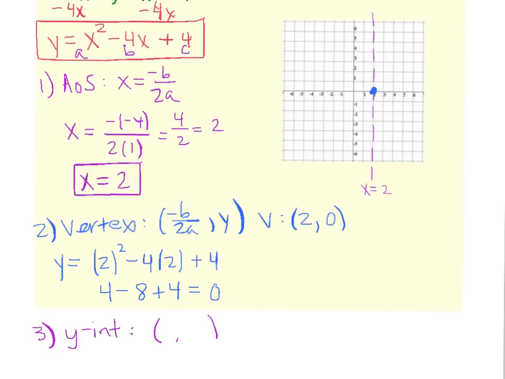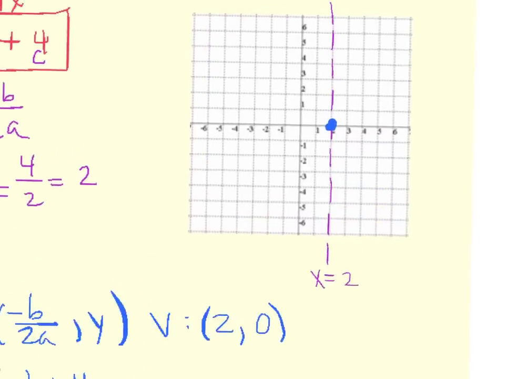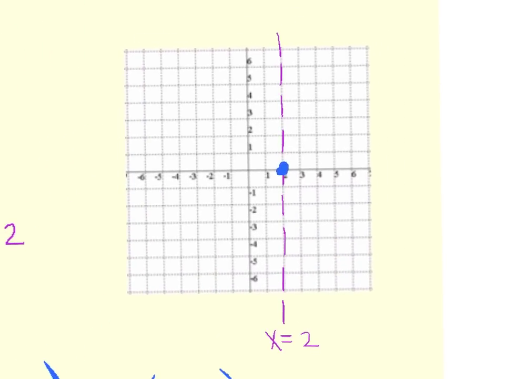Remember, it is an ordered pair, 0, comma, and then that c value, which is 4. Mathematically it's found by plugging in a 0 for the x, but with parabolas you will end up with that c value every single time. So we can go ahead and plot 0, 4 on our graph. 0, 4 will be right here.